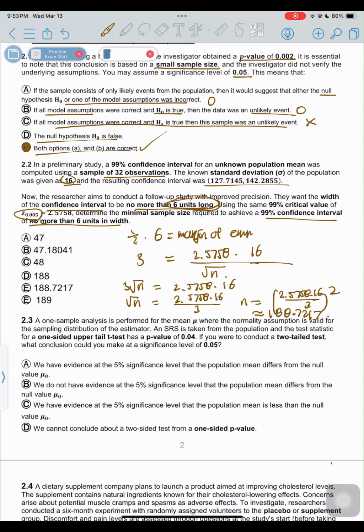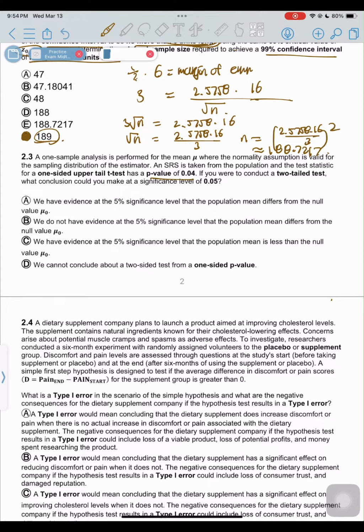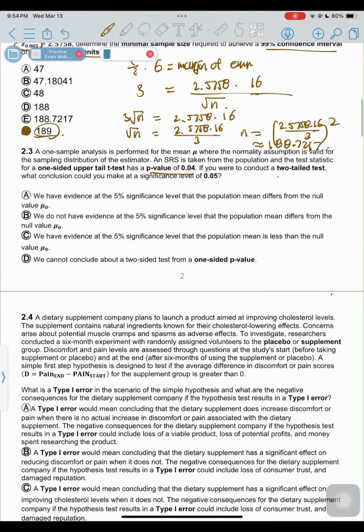Okay. Next question, 2.3. An SRS is taken from the population to test statistics for a one-sided upper tail test that has a p-value of 0.04. Now, if you're going to conduct a two-tail test, what conclusion could you make at the significance level of 0.05?